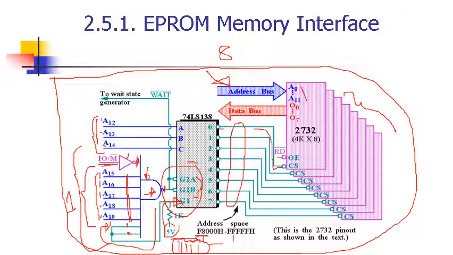So for example, if A12, A13, A14 are all made zeros, which means what?